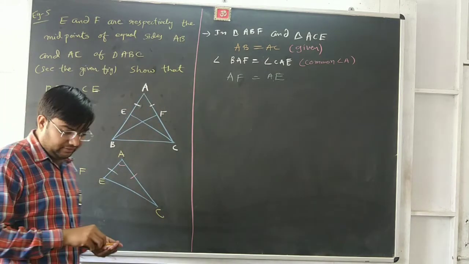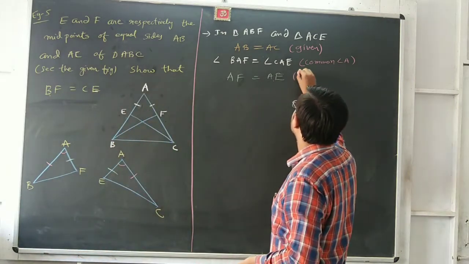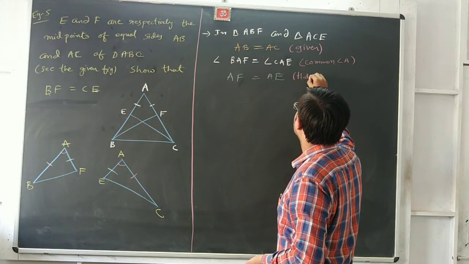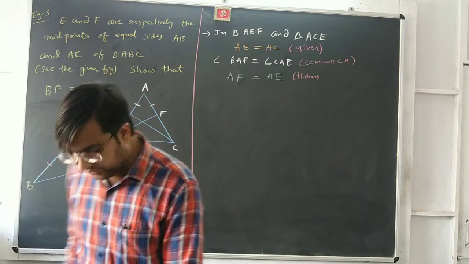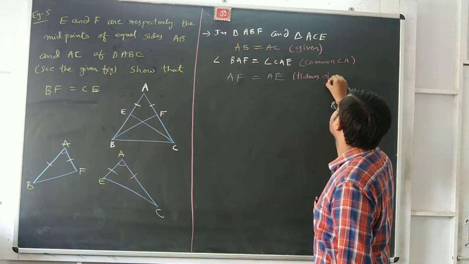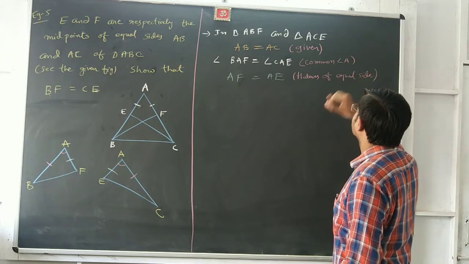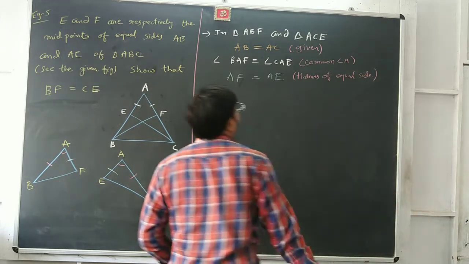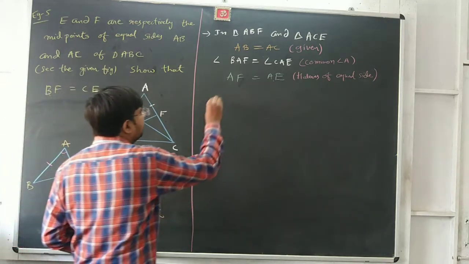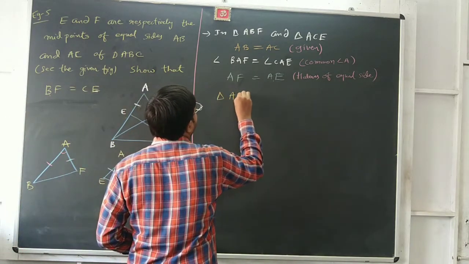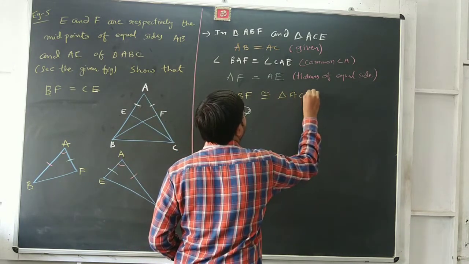So I can write that, by the equal sides, I can easily write triangle ABF is congruent to triangle ACE.